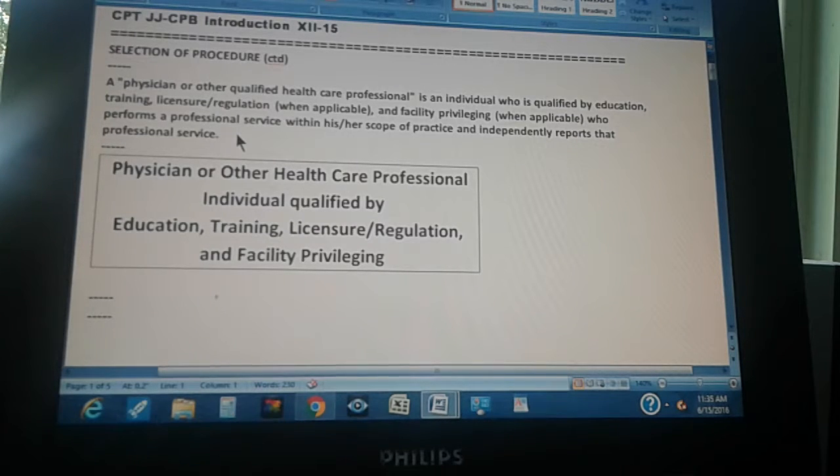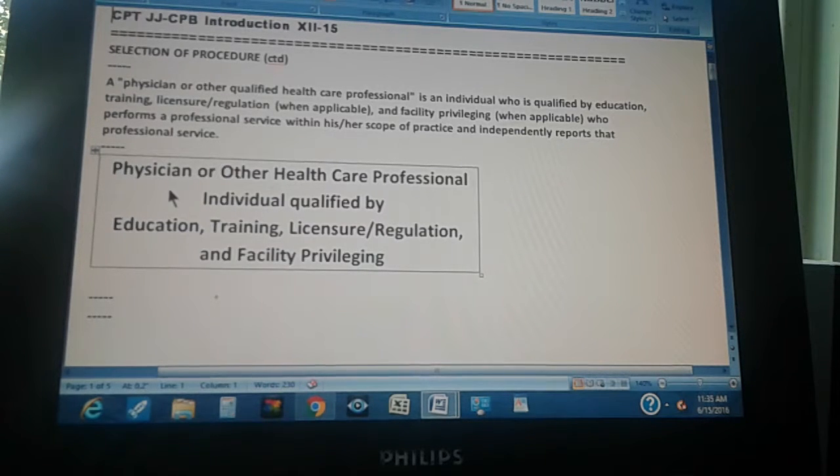So this part of the theory is focusing on who performs the procedure, the physician or other qualified healthcare professional. And the little table there tells us in summary what it is.